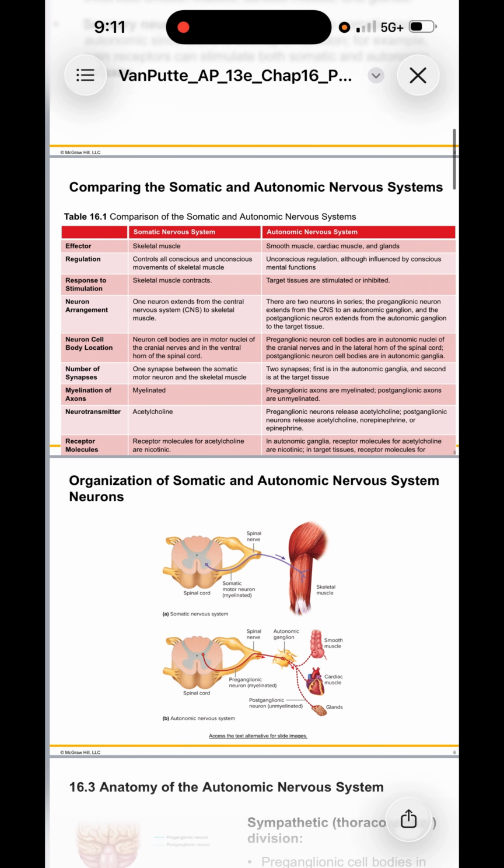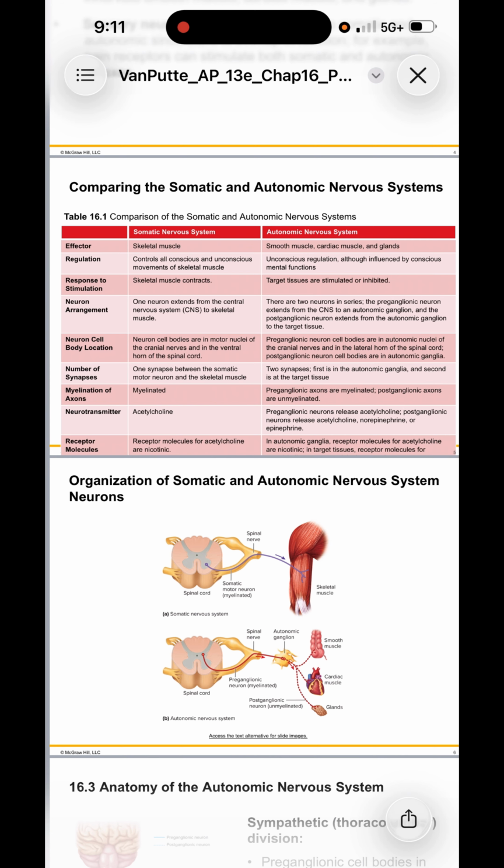Comparing the somatic and autonomic nervous systems. Table 16.1 Comparison of the somatic and autonomic nervous systems. Effector: somatic nervous system, skeletal muscle; autonomic nervous system, smooth muscle, cardiac muscle, and glands.